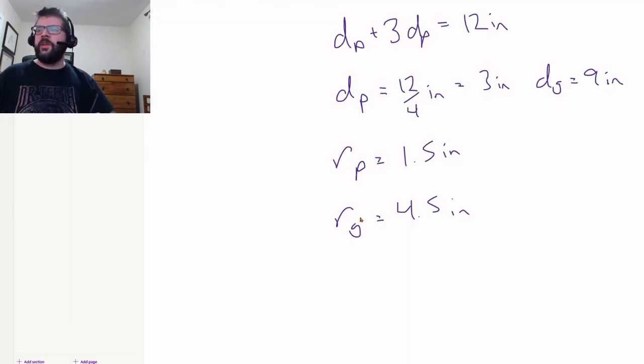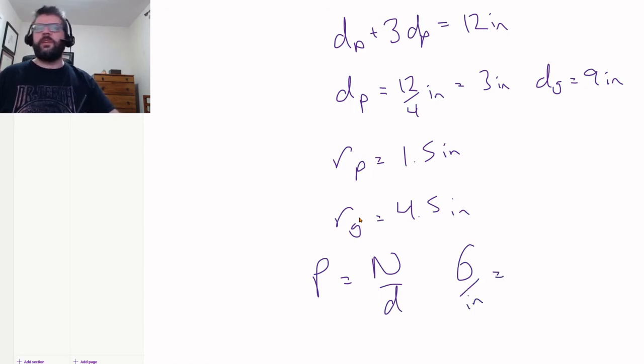So P is equal to N over D. 6 per inch is equal to, let's go for the pinion first, N divided by 3 inches.